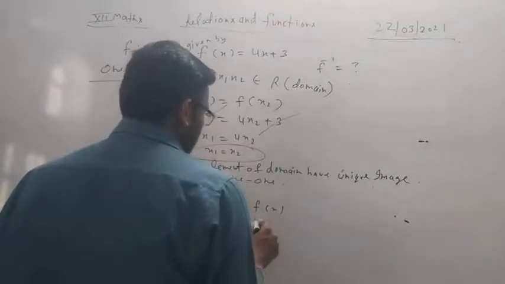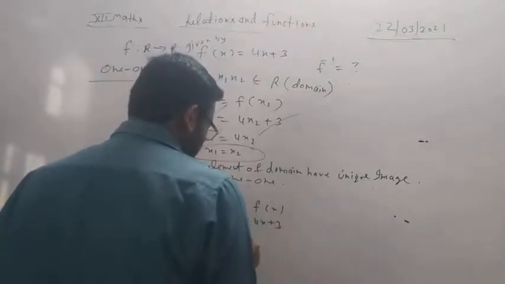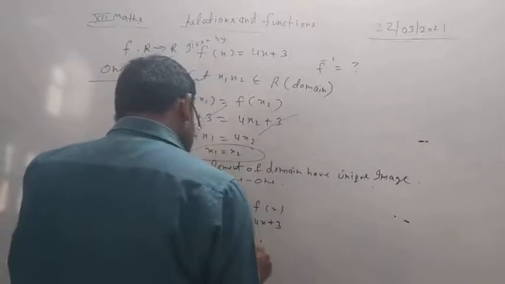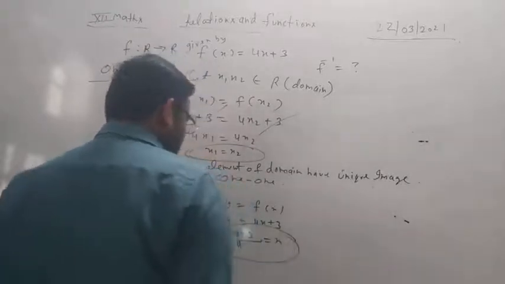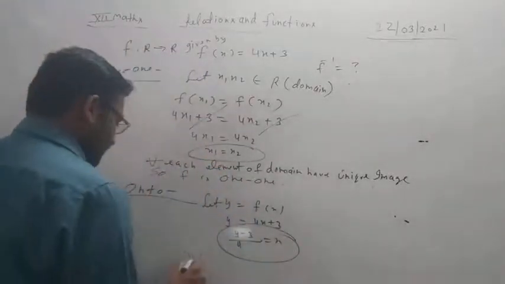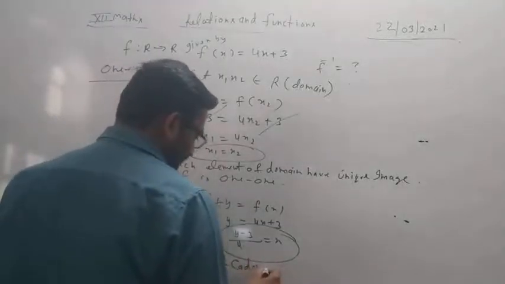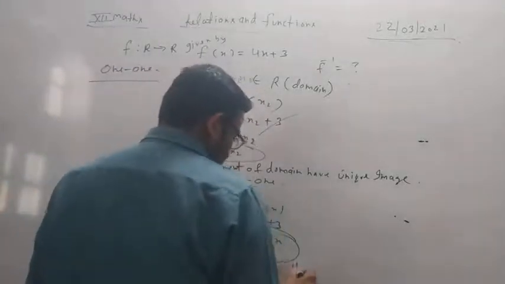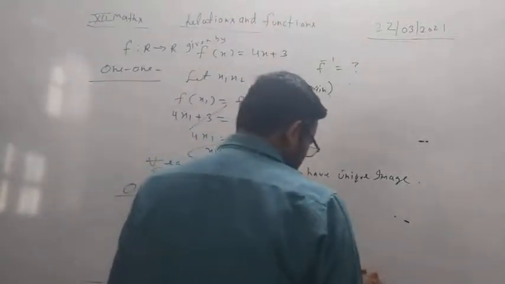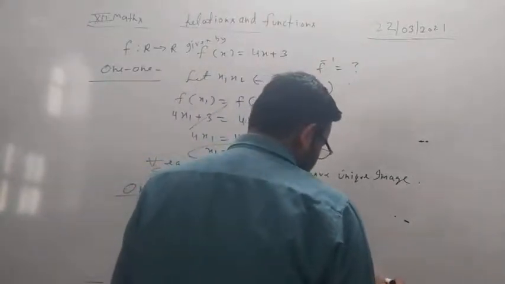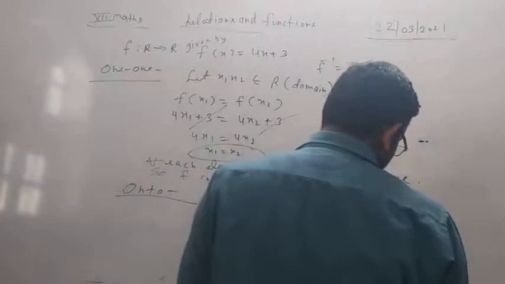Now, to check onto, we let y = f(x) always, and this f(x) is 4x + 3. So x = (y - 3)/4. So students, for each y belonging to the codomain, there is a pre-image in its domain.